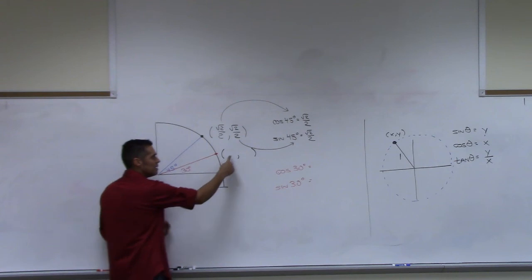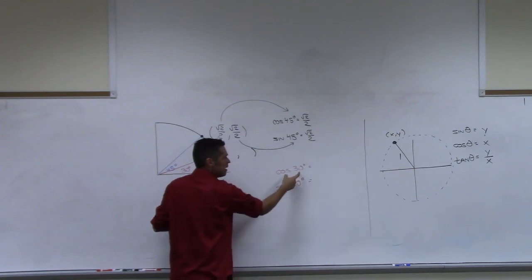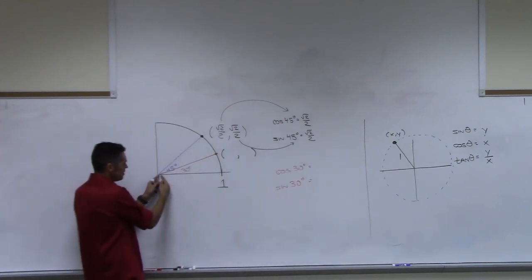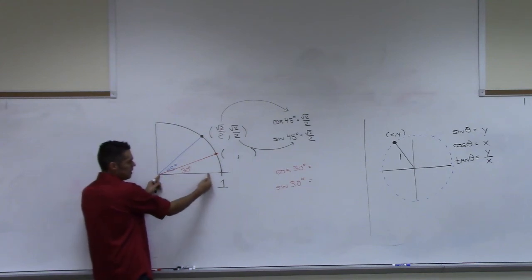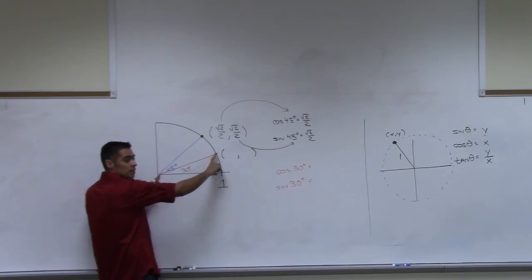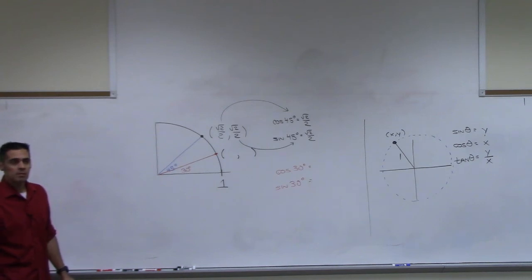If I'm trying to figure out the x, right? X is going to be the cosine one, right? So cosine is the x value. That's going to be the distance from here to here, which is the bigger of the two numbers, right? Because this distance from here to here is bigger than that one. So what is it? Root 3 over 2.